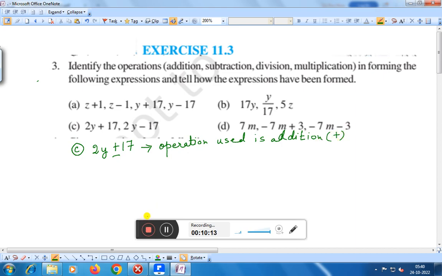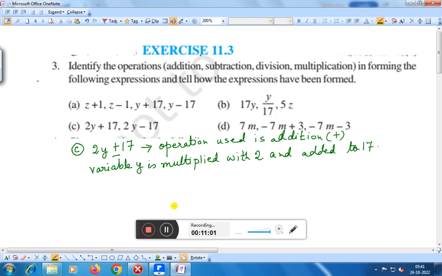How is the expression formed? That is 2y plus 17. Variable y is multiplied with 2 and added to 17. In this way, the expression has been formed.